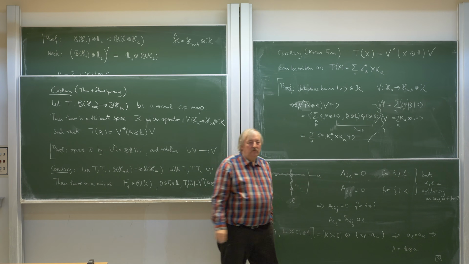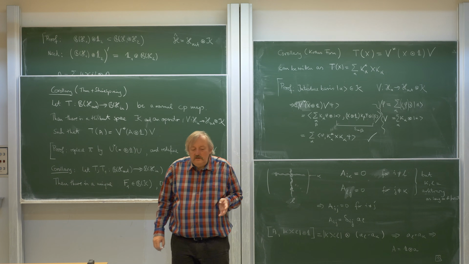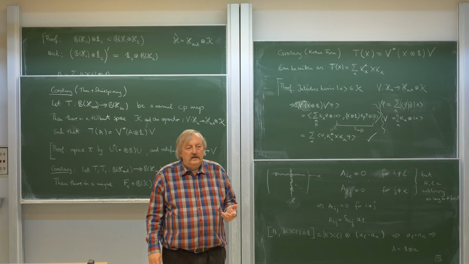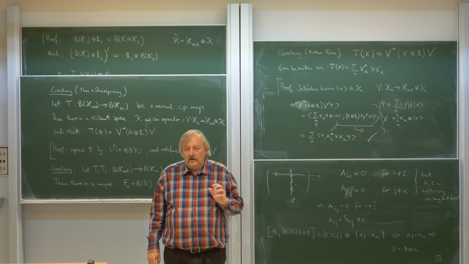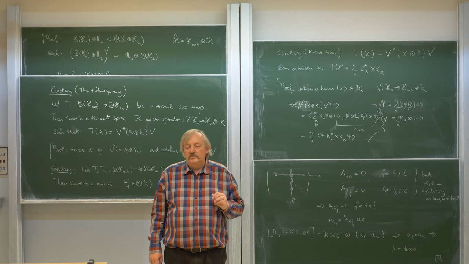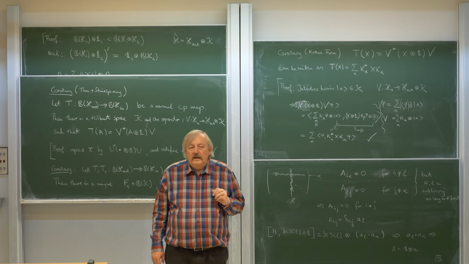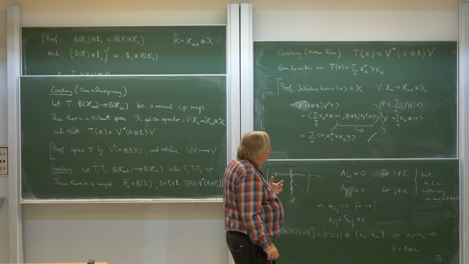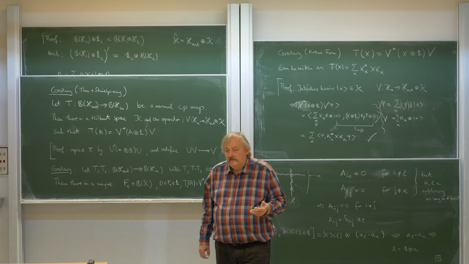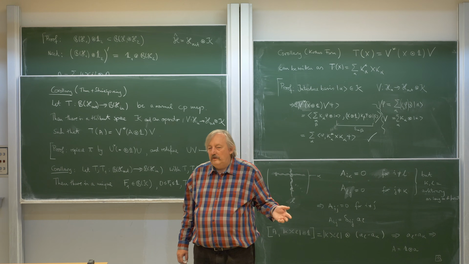And this is the Kraus form. So the best way to think about the Kraus operators is as components of the Stinespring isometry. And all the arbitrariness that you have there comes from choosing this basis.